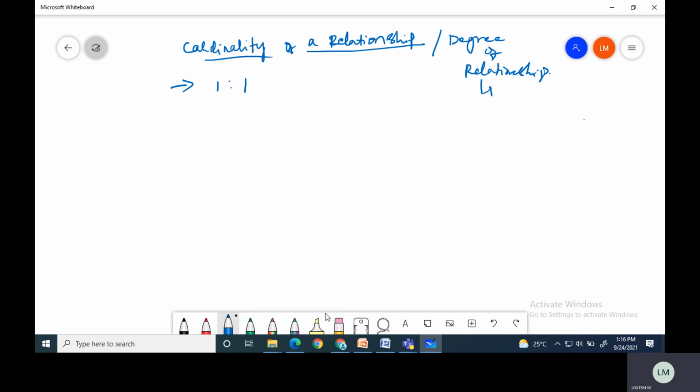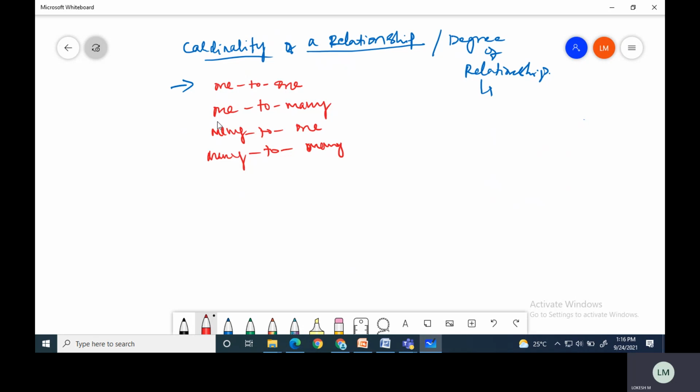You can write it in letters also, not an issue. It is 1 to 1 ratio, 1 to many, many to 1, and many to many. Okay, I think you might guess what is this 1 to 1.